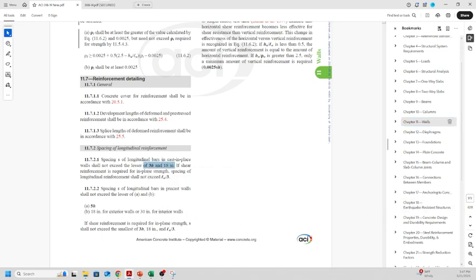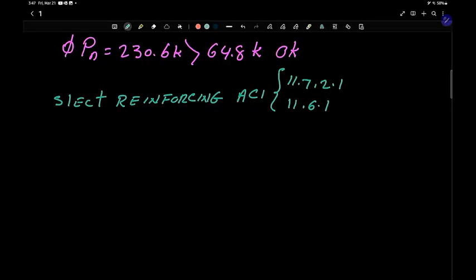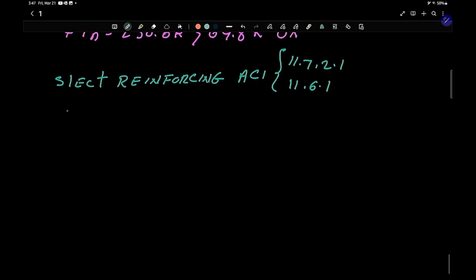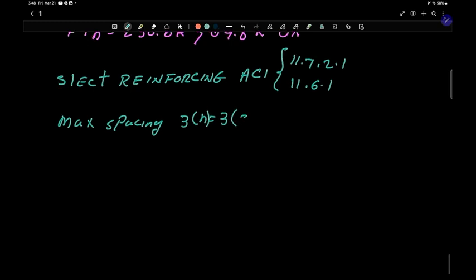Let's go back to writing so we figure these out. Okay, so max spacing is 3 times h, which is 3 times 8, that's 24 inches, or 18 inches. So we're going to select the 18, which is the lesser of the two.